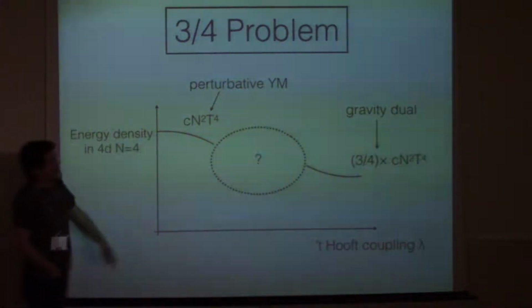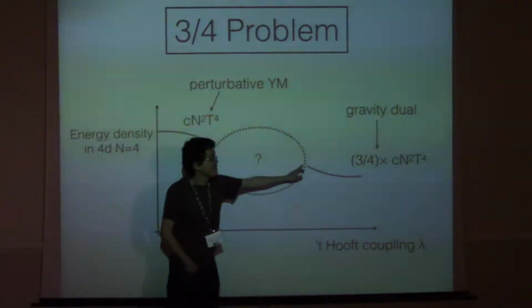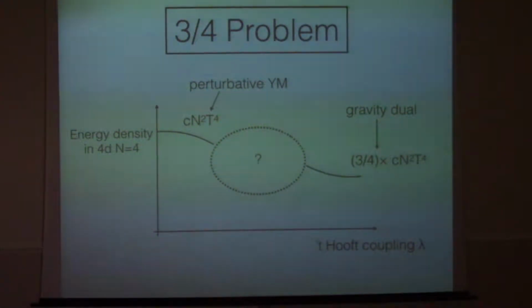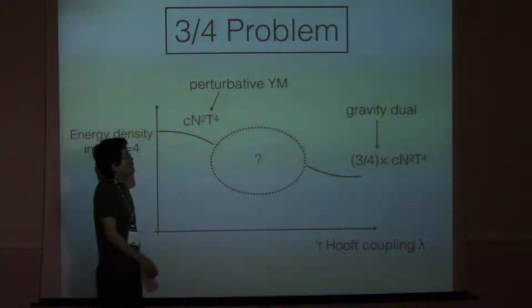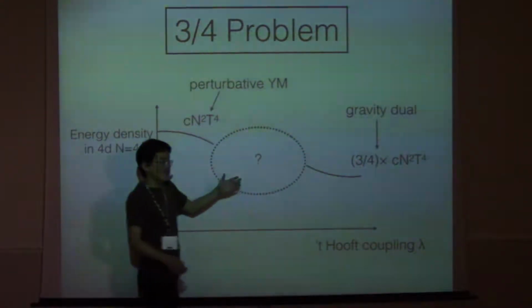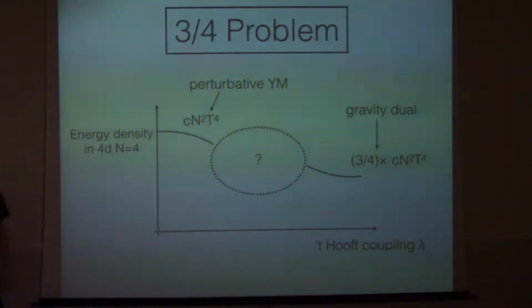That's very good. But what is going on here? Can we really see if they are smoothly interpolated as people expect? If we just calculate very precisely, without relying on the gravity dual, directly in Yang-Mills theory, can we really reproduce this result? It's an unsolved problem.